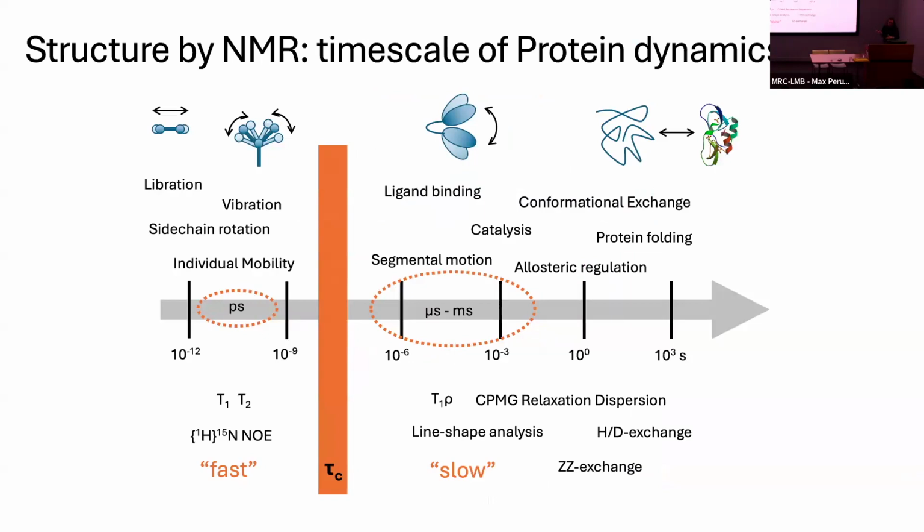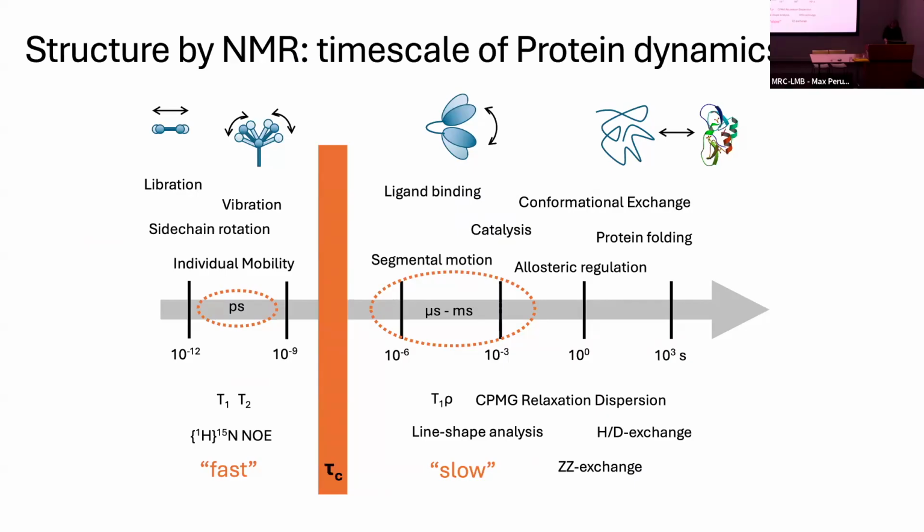They can experience motion on a very wide range of timescales, and a lot of those motions are going to be functionally important for that protein's role. As I said before, there are lots of different NMR experiments that can probe specific timescales of motion, so you can have a window into quantifying the motion that's happening in your sample by NMR.